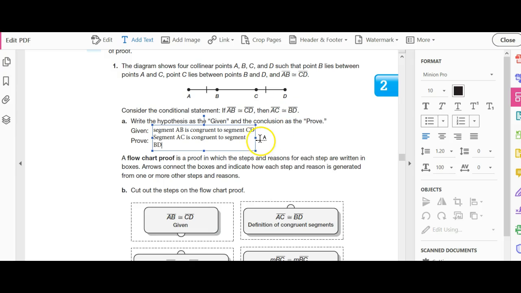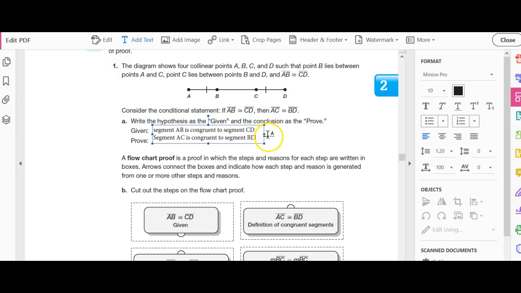Okay, and I'm going to just stretch that out just a little bit. Okay, so if segment AB is congruent to segment CD, then segment AC, which is from here through there, is congruent to segment BD. Okay?